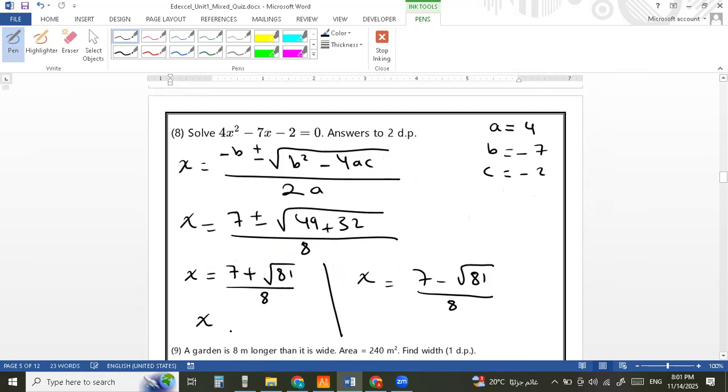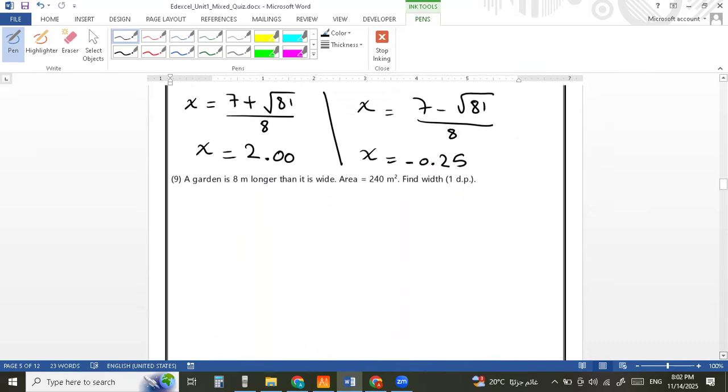So here you're going to find that x equals 7 plus 9, which is exactly 16, divided by 8 is 2, or x equals 7 minus 9, which is negative 2. Negative 2 over 8 is going to give you exactly negative a quarter, which is negative 0.25. Mister, they wanted the answers in two decimal places, so it is 2.00 and negative 0.25.